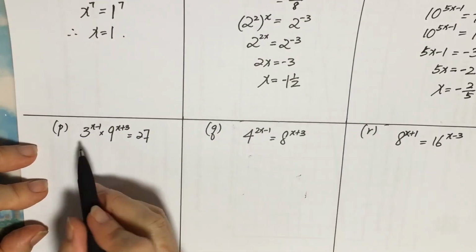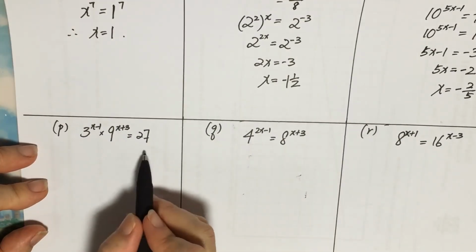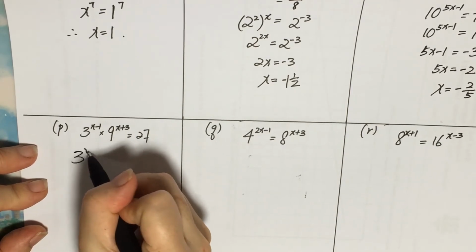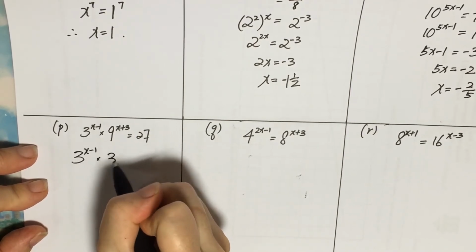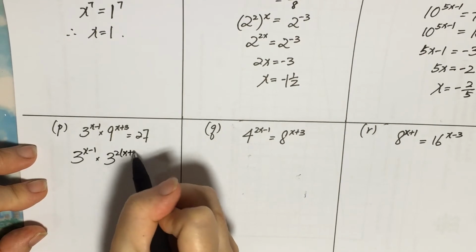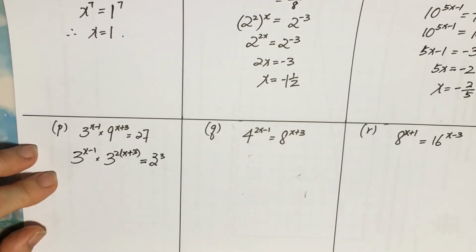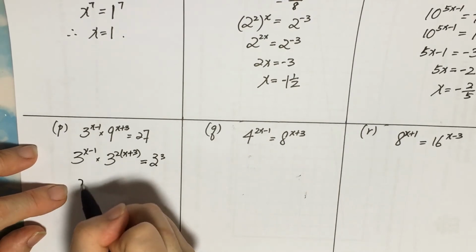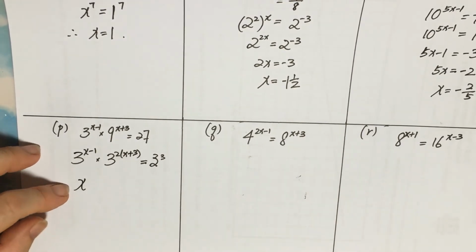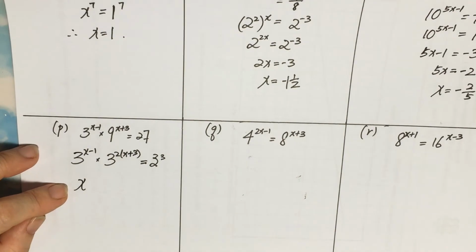Okay, next, 3, 9, 27. Change them to base 3. So 9 is 3 squared, and then 27 is 3 cubed. Okay, these two multiplied together means the powers can add together.